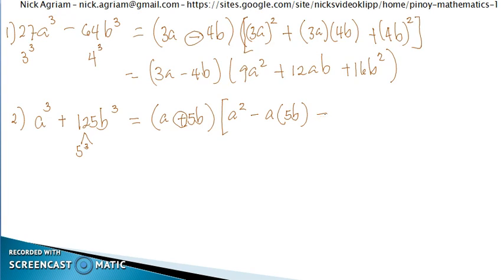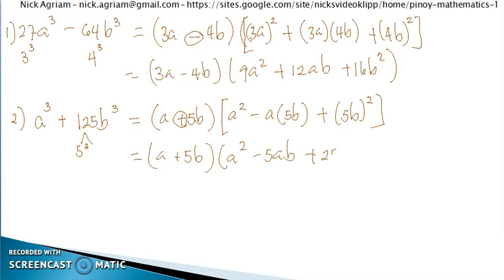And then the last term will be positive, 5b squared. Simplify: a plus 5b multiplied by a squared minus 5ab plus 25b squared.